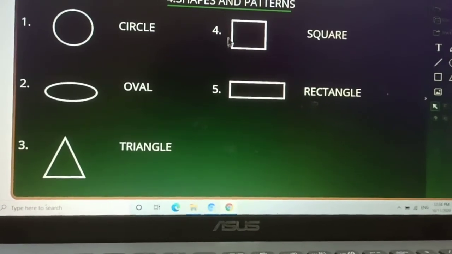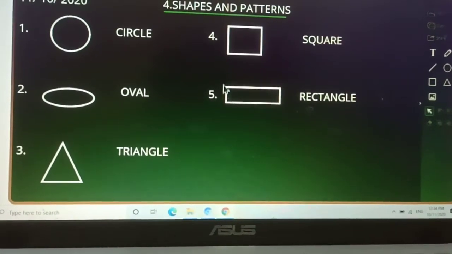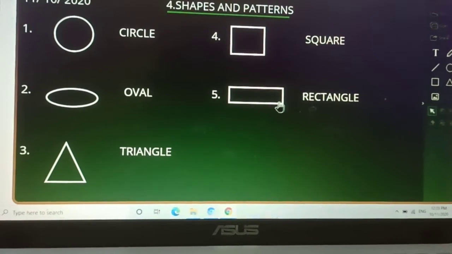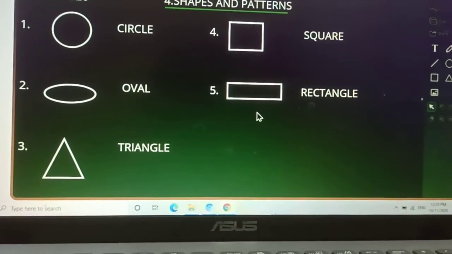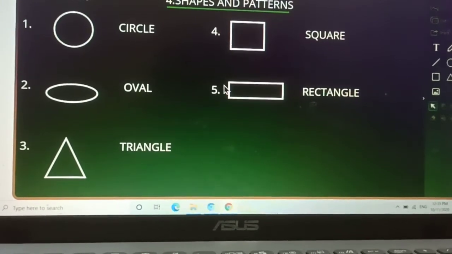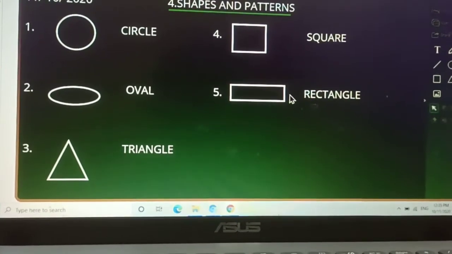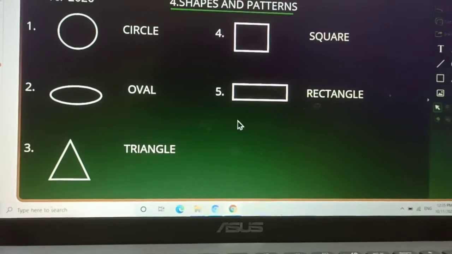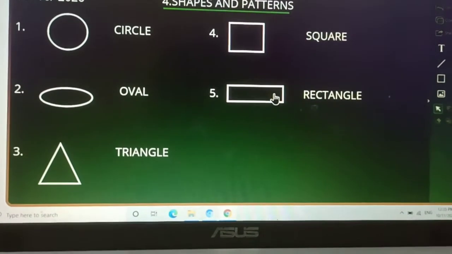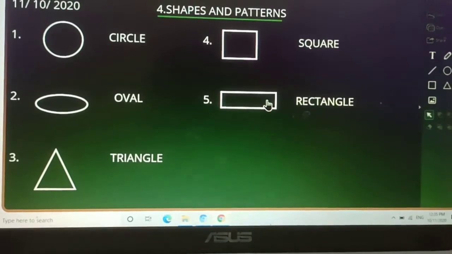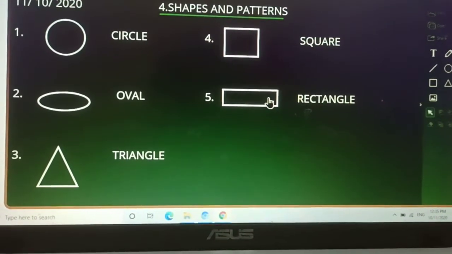But in rectangle, these two sides are equal. I mean opposite sides are equal, but not the same in size. All the sides are not the same in size. That is the difference. Okay. Can we see examples now?